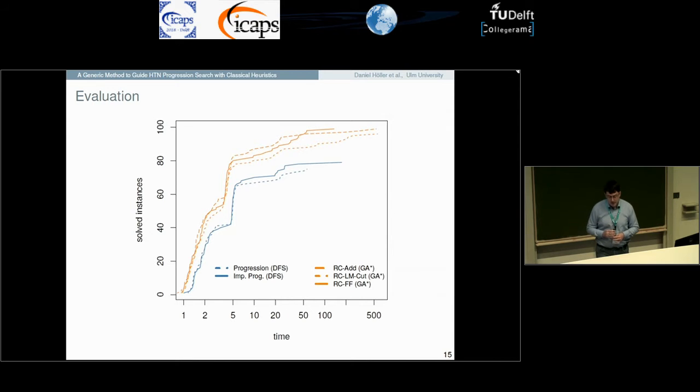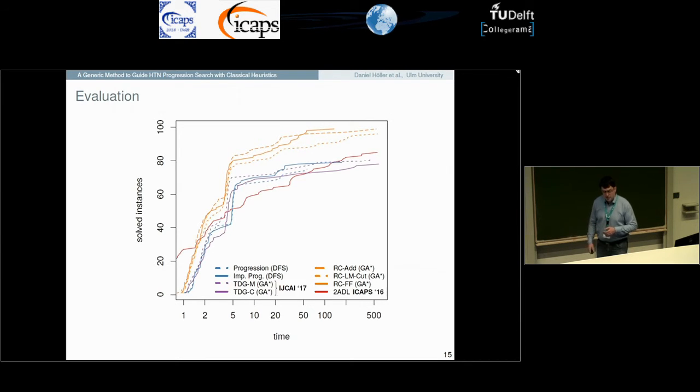If we come to an empirical evaluation, we have combined our approach with 3 classical heuristics, the add, the FF, and the LM-cut heuristic. They all perform quite similar. But we can also see in the picture that even the algorithm improvements that we made bring some benefits.